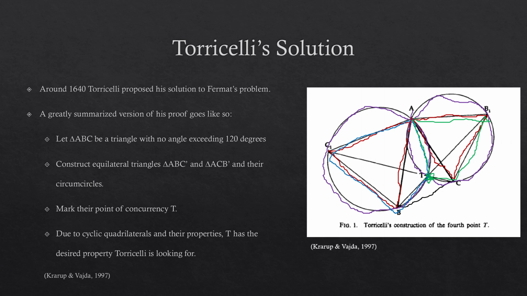So this makes supplementary angles A and B, C prime and T. Same is true for the other quadrilateral. And apparently this makes it so that T is the minimized distance between A, B, and C.